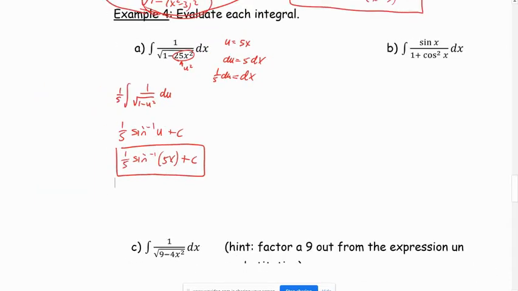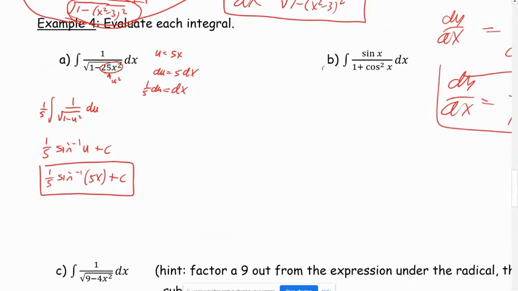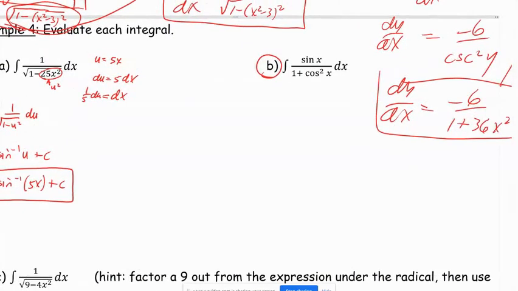All right, so go ahead and pause your video and try example B. All right, so for example B, we would need to do a substitution. We want this to be u squared, so we have 1 plus u squared in the bottom, and that way it'll look like a tangent.